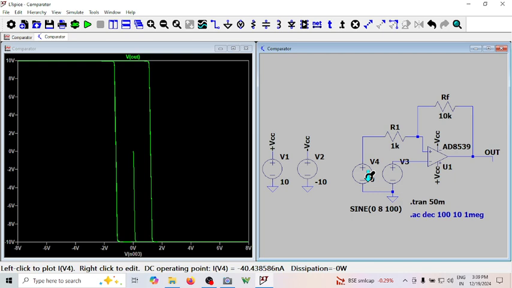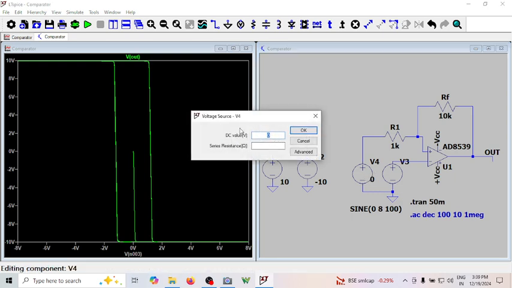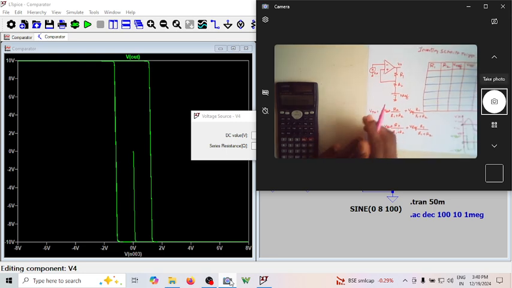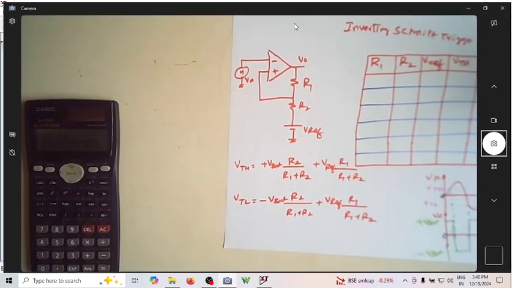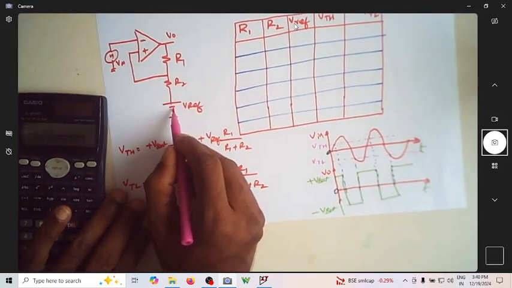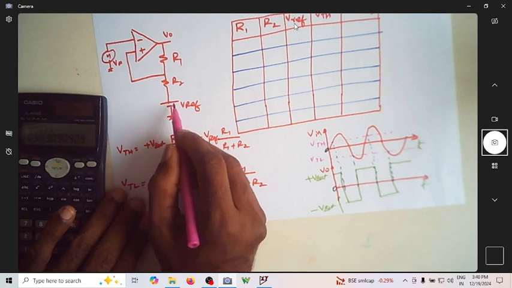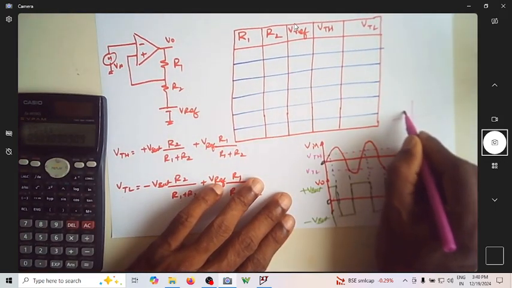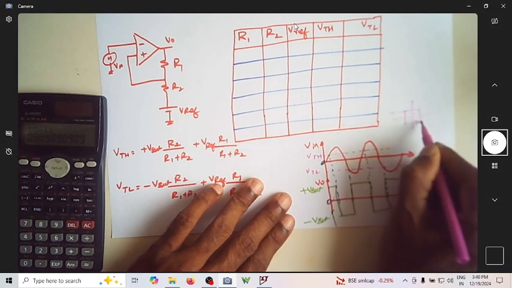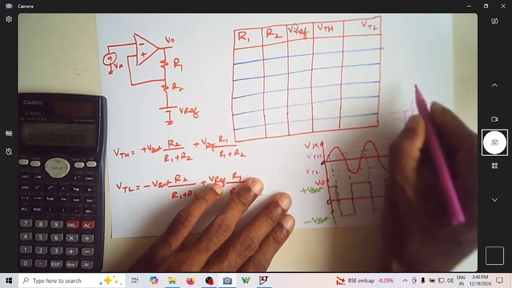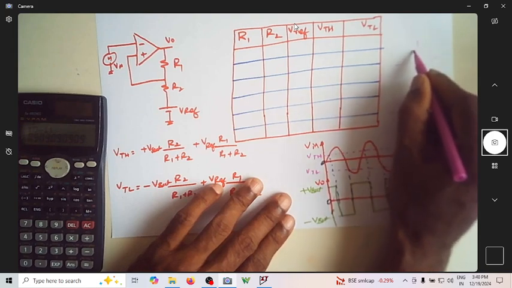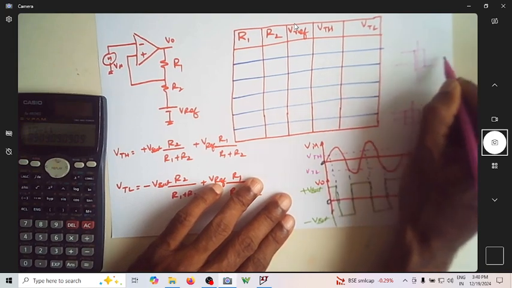Suppose if I have some positive voltage, you can see this will entirely shift. If I make the reference voltage more and more, the VTH and VTL, which were happening equidistant from the y-axis, now move closer to the positive side.